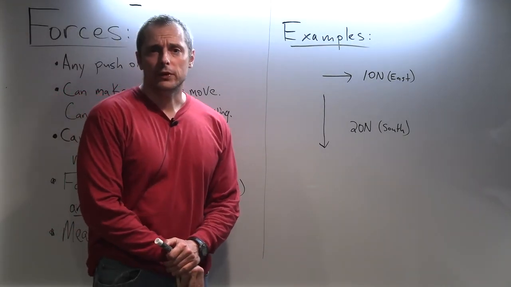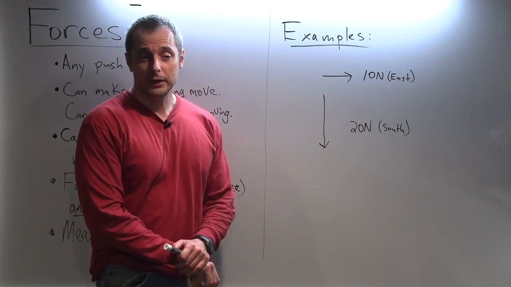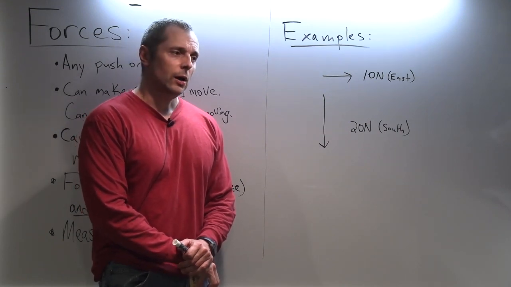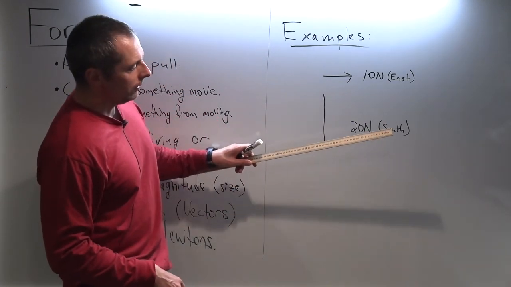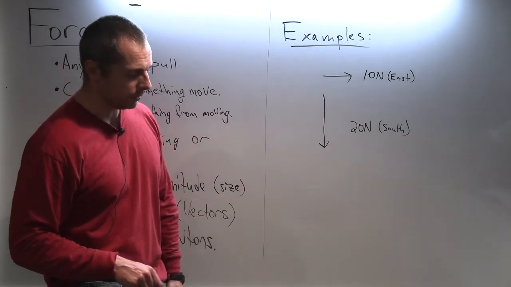What if the force is very large? Maybe it's a horse pulling on something and it's like 3,200 newtons. Well, if I wanted to draw this, it is 100 centimeters, so that's not even going to fit on a piece of paper.